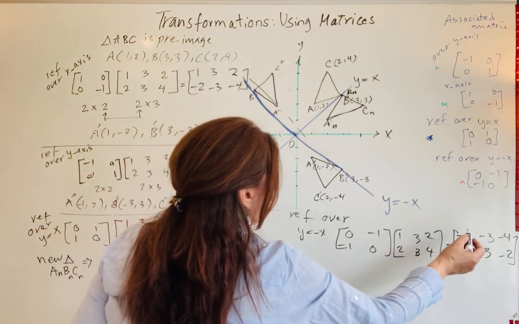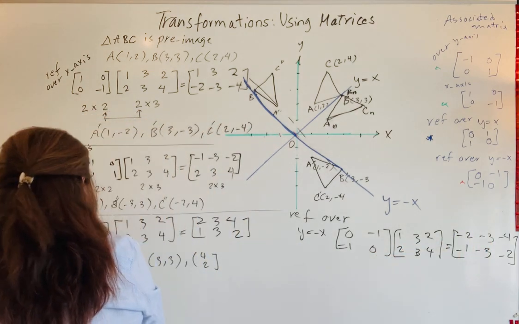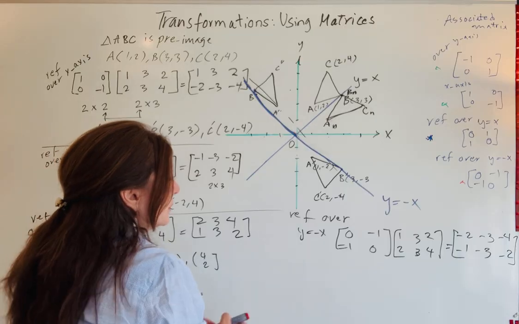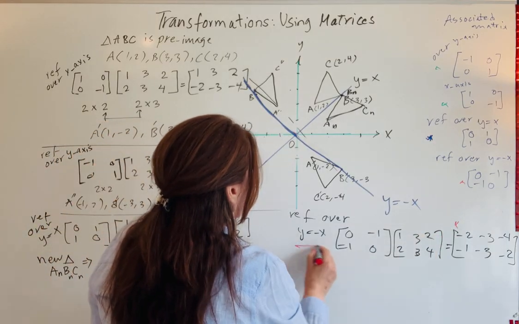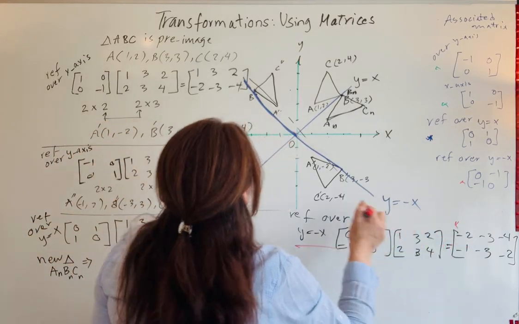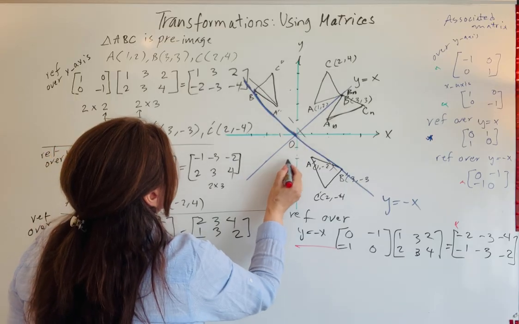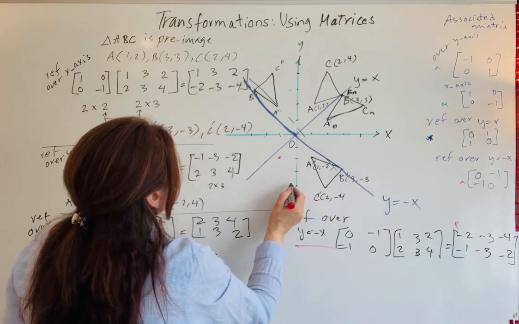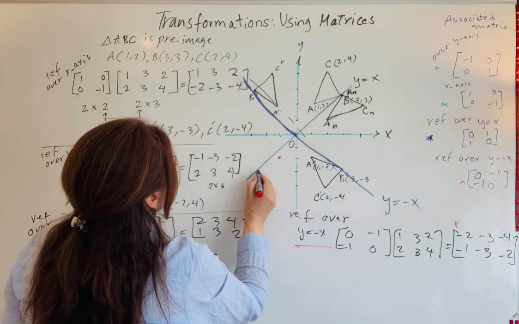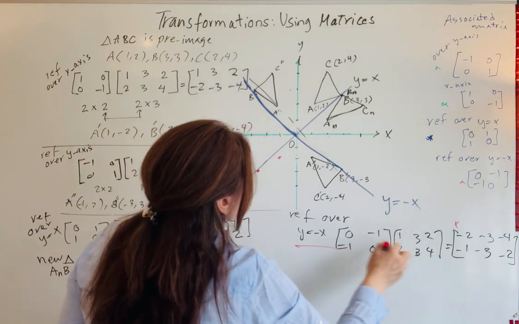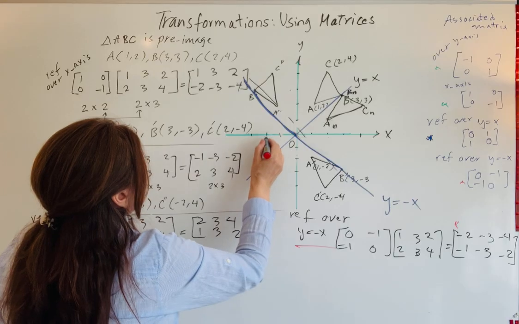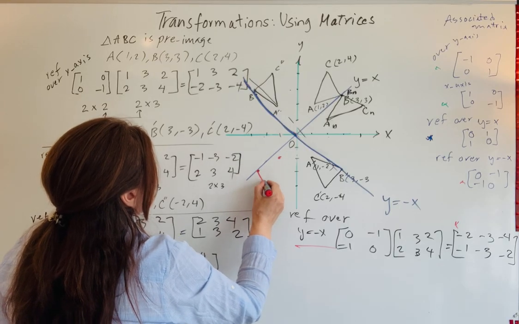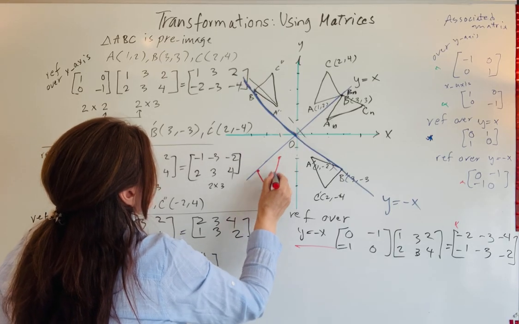Okay, how can we do this one? I can show you with the red one. Negative 2, negative 1 here. Negative 3, negative 3 here. And negative 4, negative 2 here.